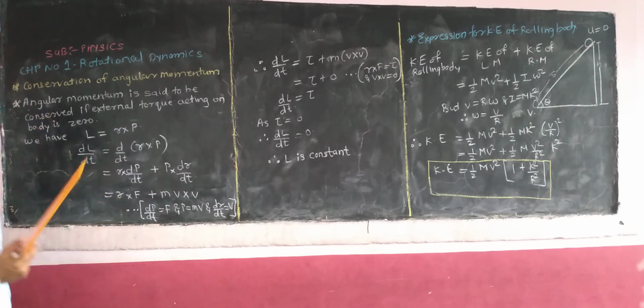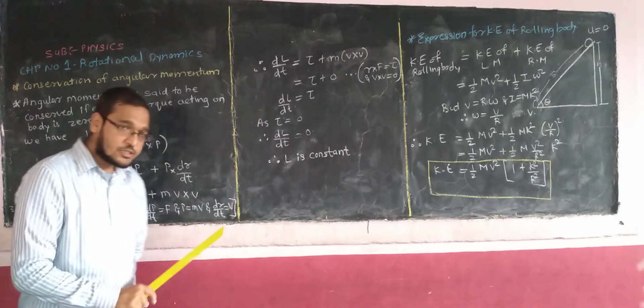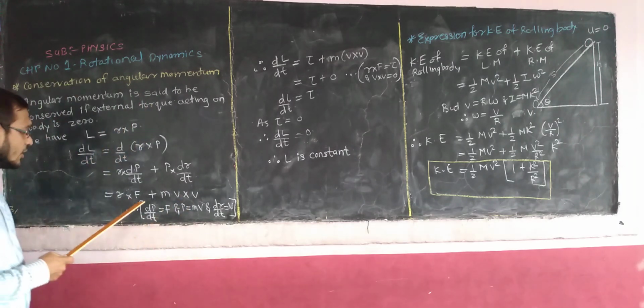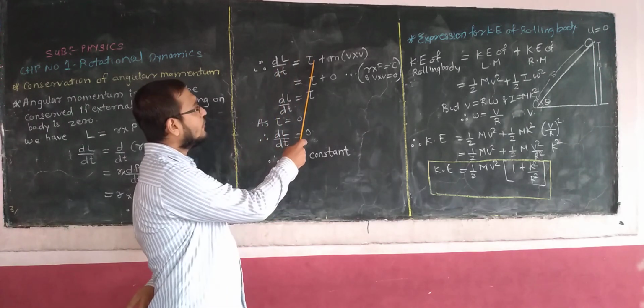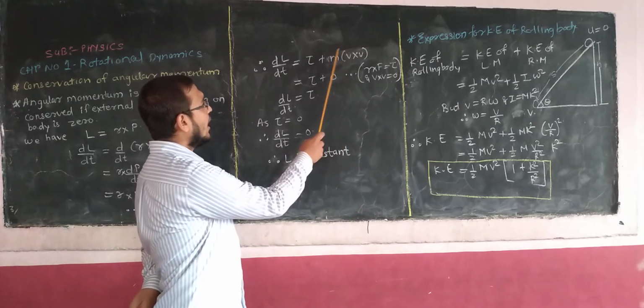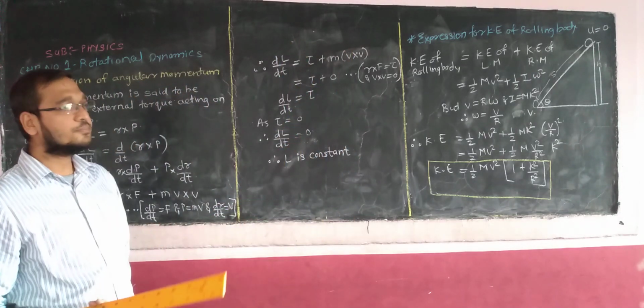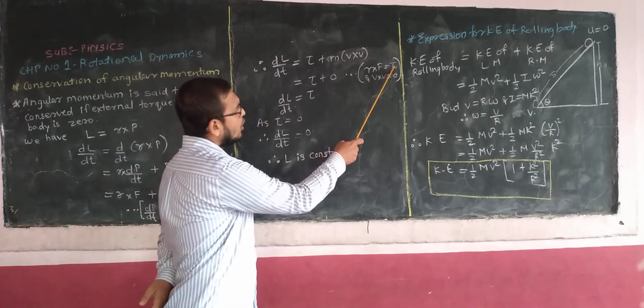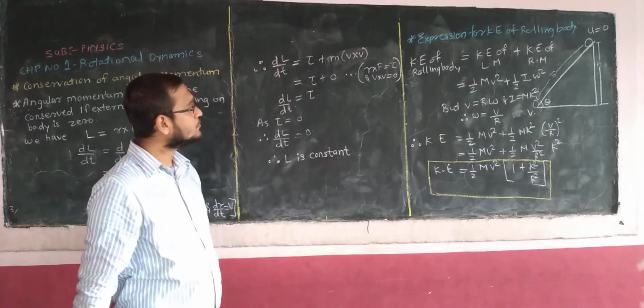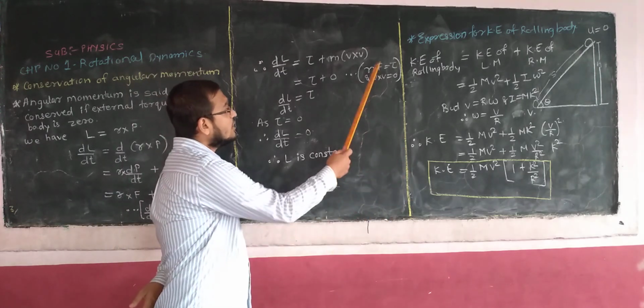Again, in the previous lecture we studied torque. What is torque? It is the product of radius vector and force. So r cross F is torque tau, and here we have m times v cross v. What is v cross v?